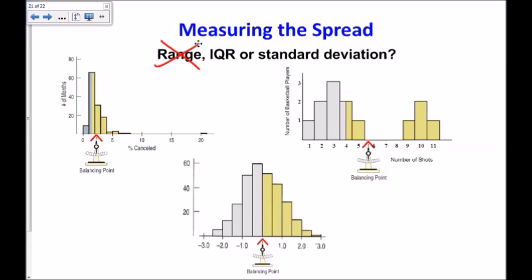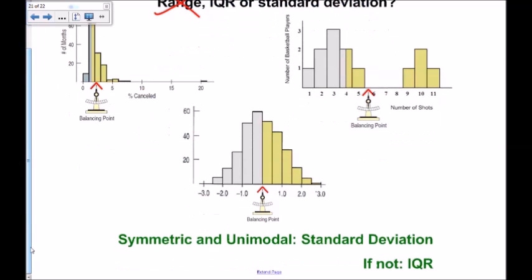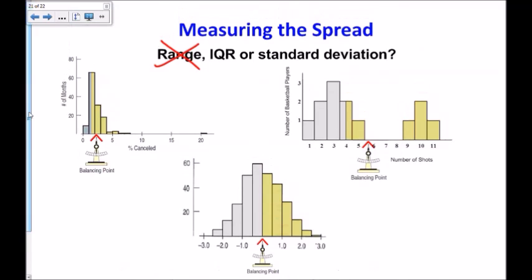It boils down to the discussion earlier about measuring the center. When the data is symmetric and unimodal, then use the standard deviation. It's a powerful tool that has some powerful properties. If it is not symmetric and unimodal, then use the IQR to measure the spread.